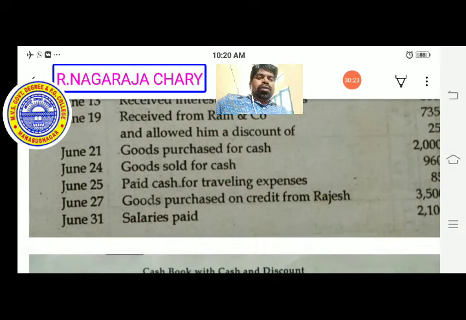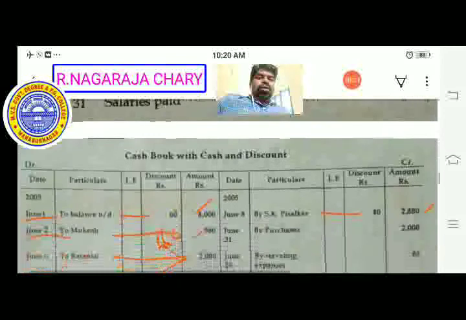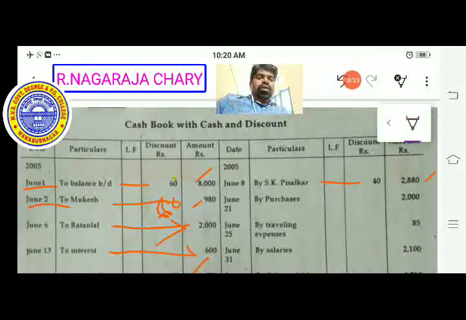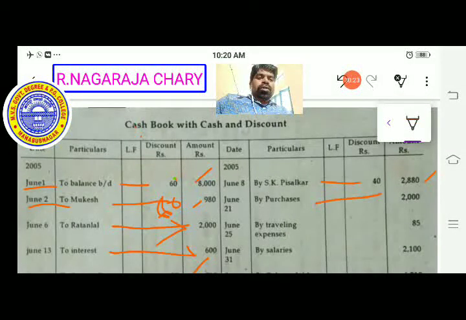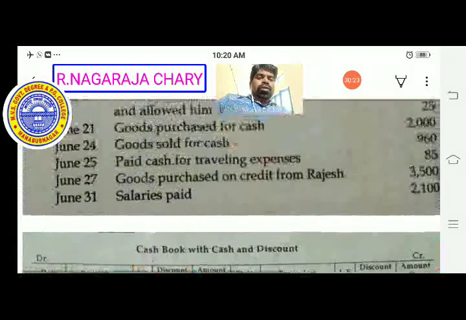Next, goods purchased for cash. Yes, we are purchasing goods. So, when we are purchasing goods, it is a payment, to be written on the payment side, 2000 rupees.